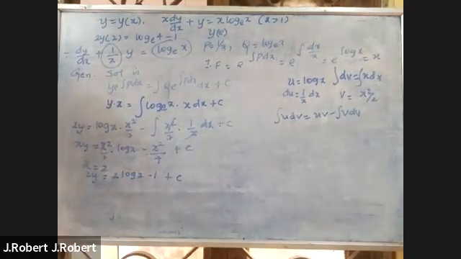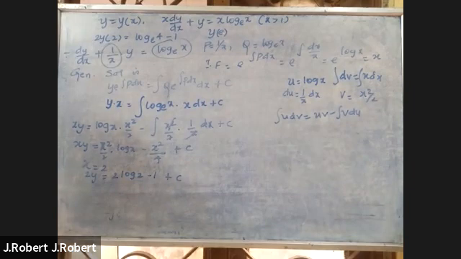Okay, so from this we are going to find out the value at x is equals to 2. y of 2 is what we need, which is equals to 2 y of 2, therefore plus c.